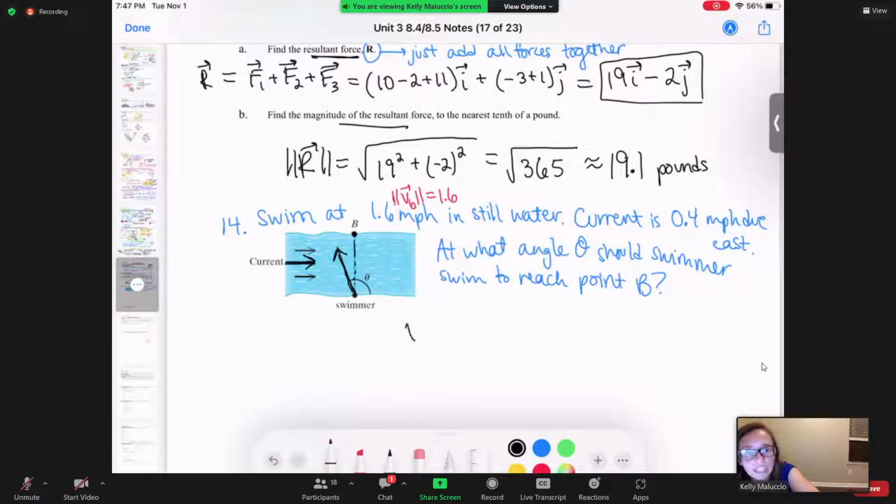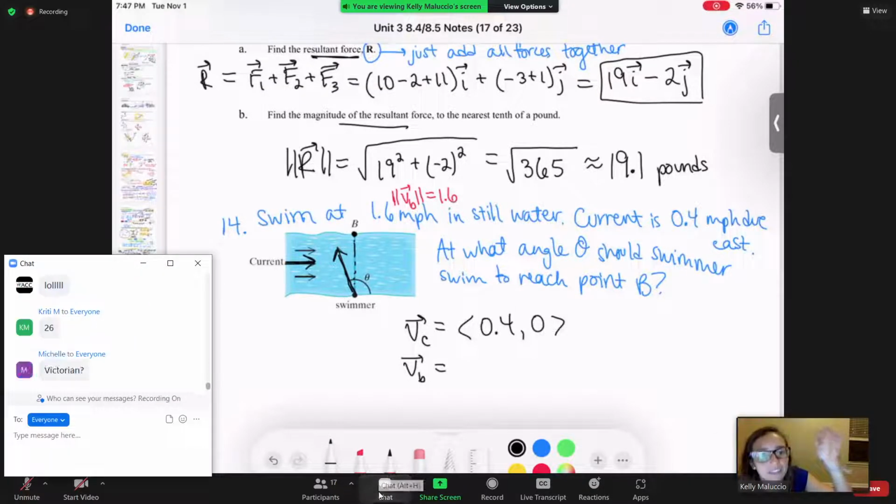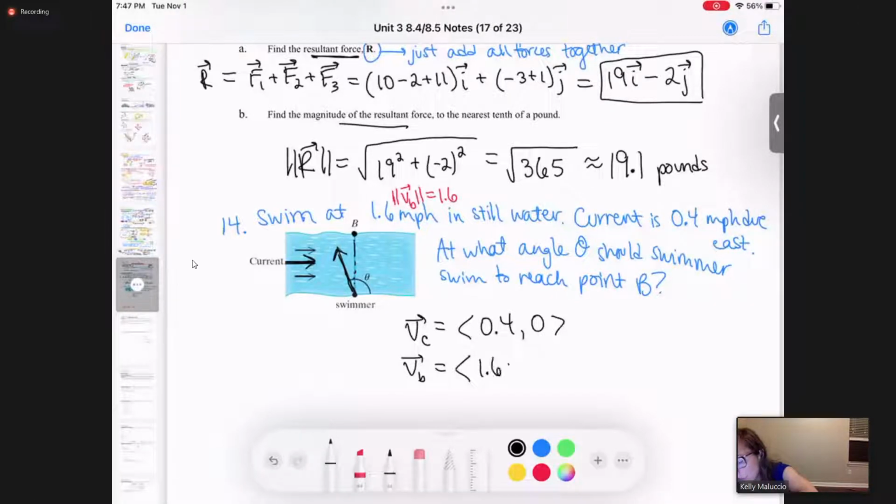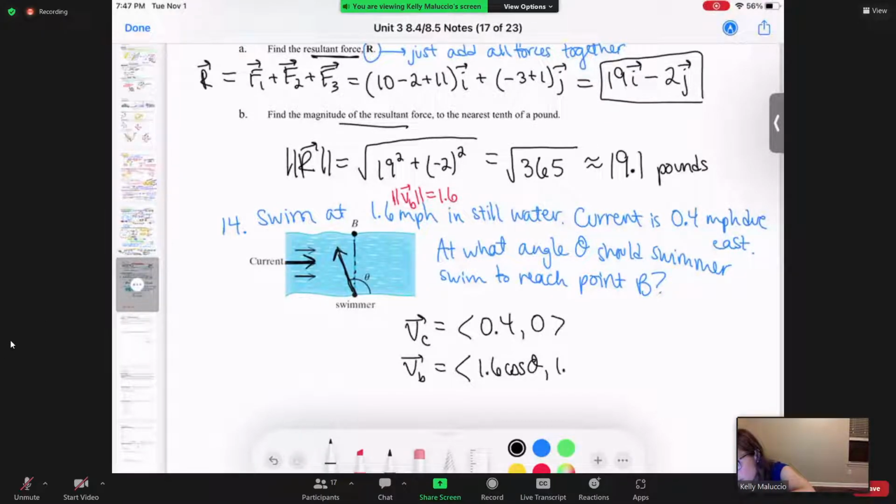But so if I call VC the current, the vector here is 0.4 and then 0, because it's just 0.4 due east. So it's not anything north or south. And then VB is the velocity in still water, and this is magnitude cosine theta, magnitude sine theta, right?